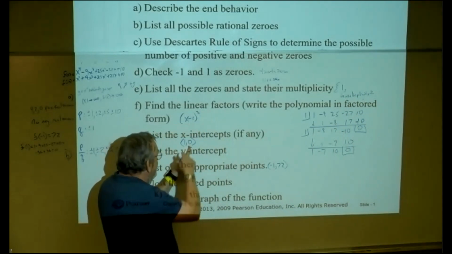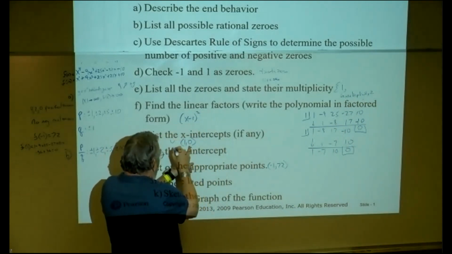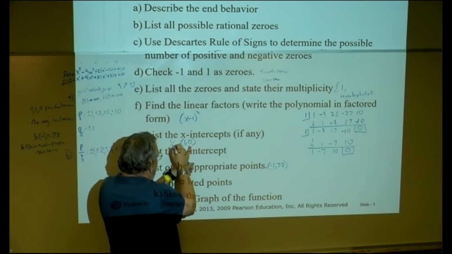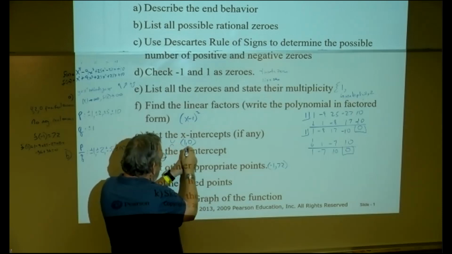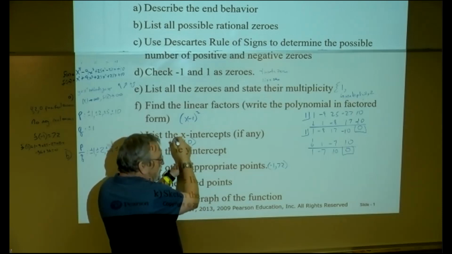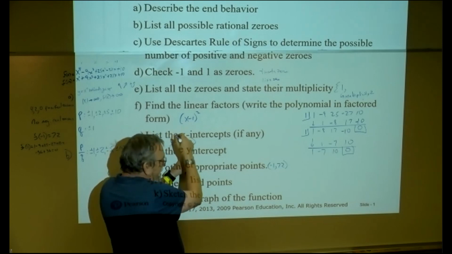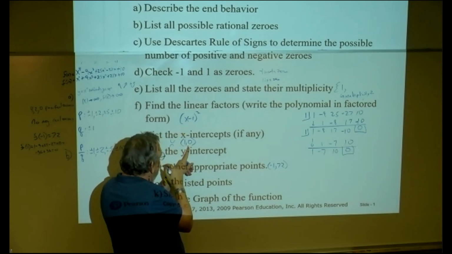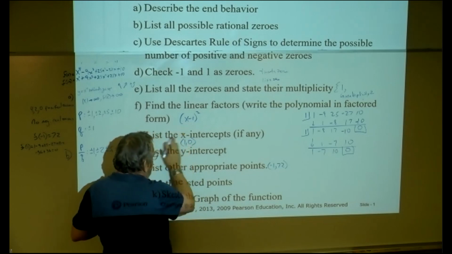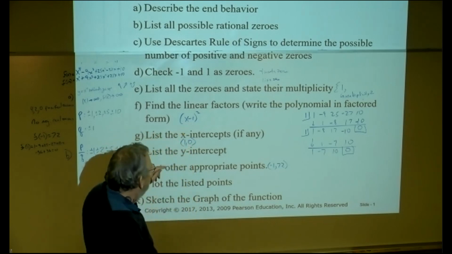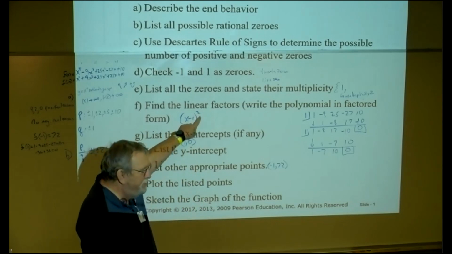That means it's going to touch, it's going to come down and touch it, or it's going to come up and touch it. So at 1, 0, it's either going to bounce off, it's going to come down and bounce back up again, or it's going to come up and bounce down again. So that's what that multiplicity is telling me.